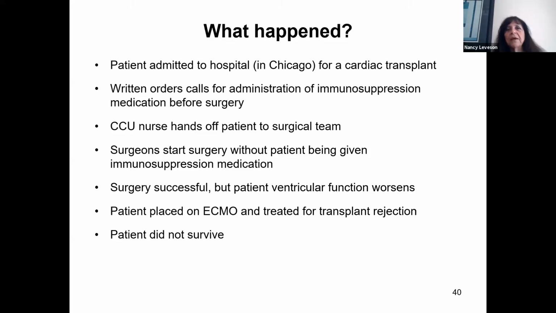What happened? This was, as I say, in Chicago, a very large medical center. He was admitted to the hospital for a cardiac heart transplant. Written orders called for the administration of immunosuppressant medication before surgery as a prophylactic way, to make sure he doesn't reject the heart immediately.